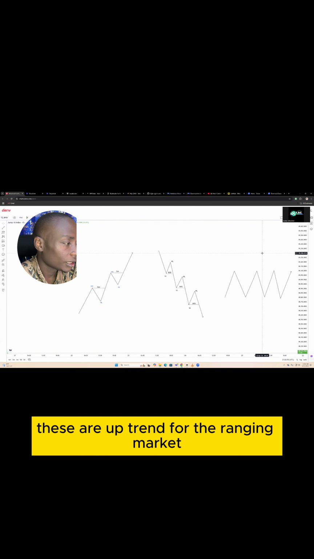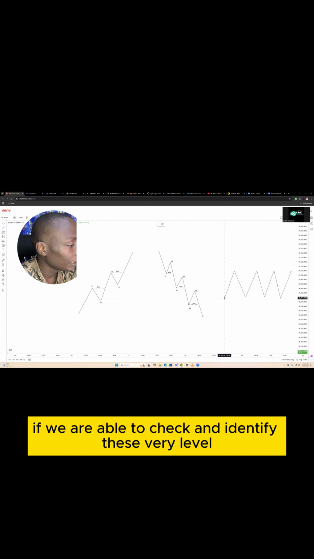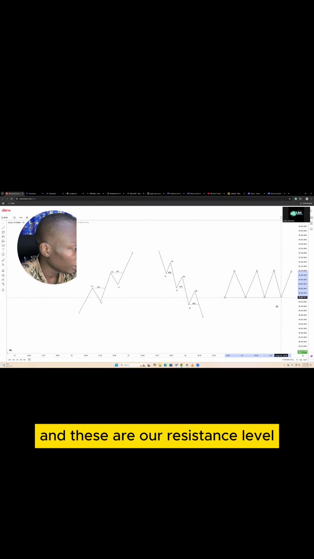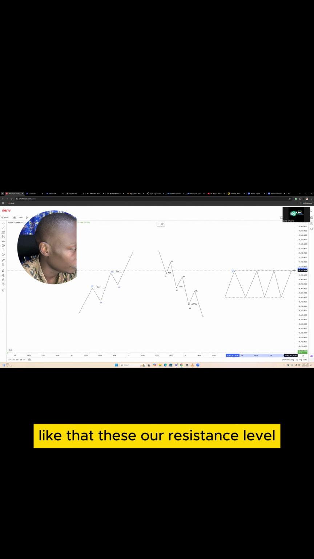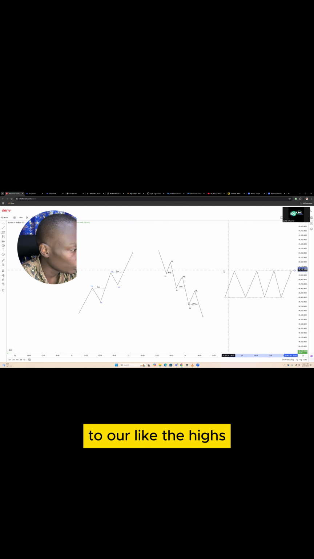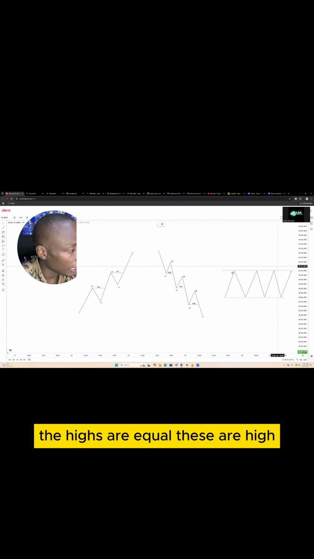The ranging market is also known as a consolidating market. If we check and identify these levels, these are our support levels, and these are our resistance levels. Like that, these are our resistance levels. You are able to tell that the highs are equal.